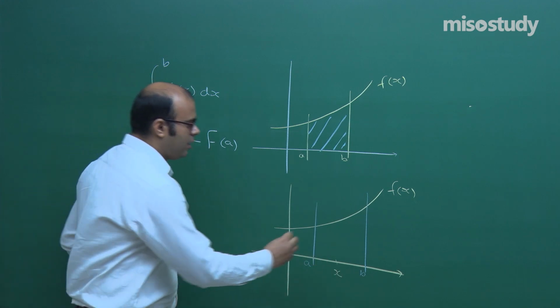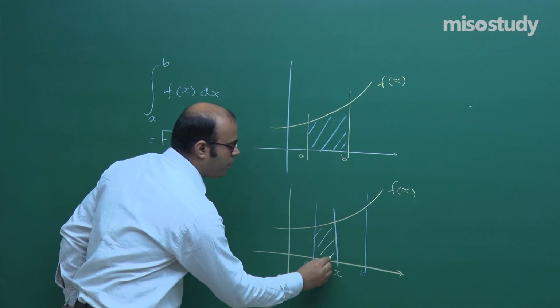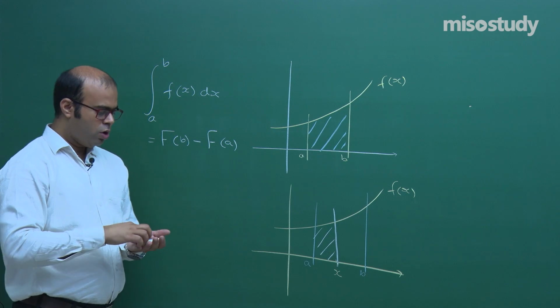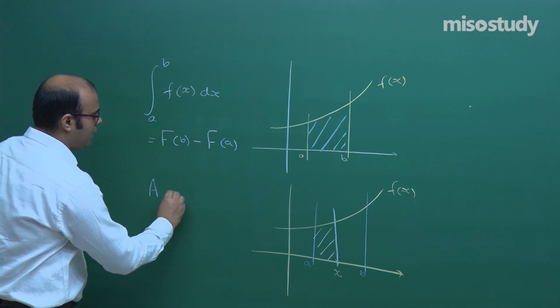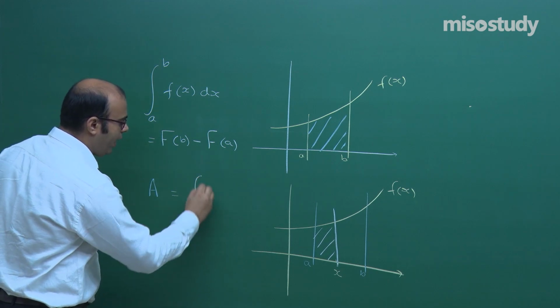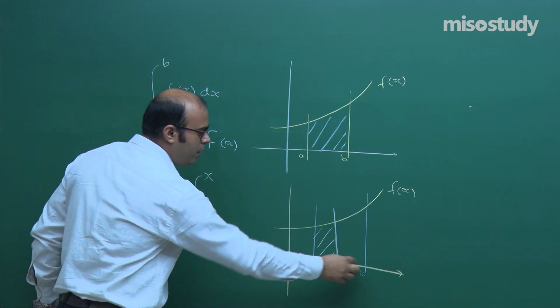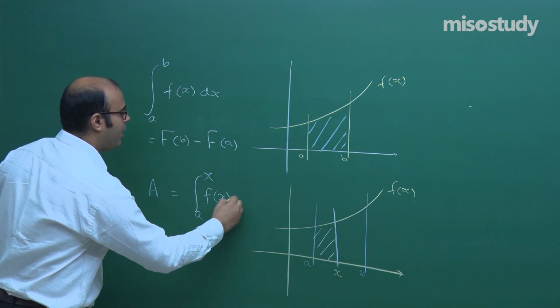If we draw this ordinate, what would this area be? We can say this area A is equal to the integral from a to x, not a to b, of f(x) dx.